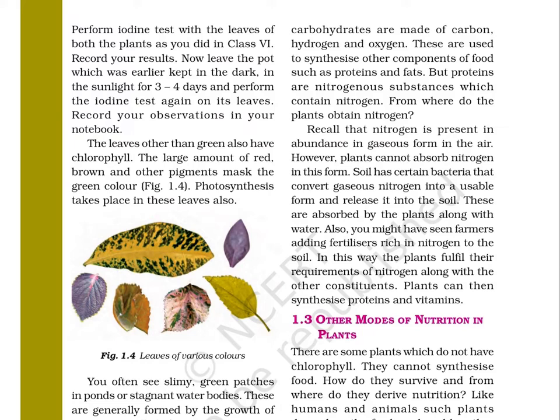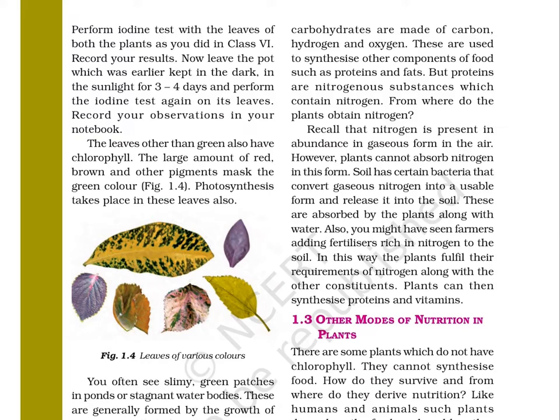Record your results. Now, leave the pot which was earlier kept in the dark in the sunlight for 3 to 4 days and perform the iodine test again on its leaves. Record your observations in your notebook.